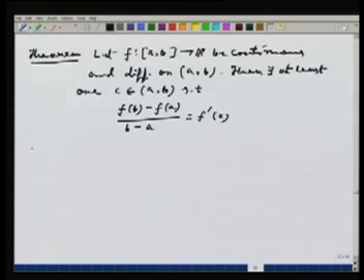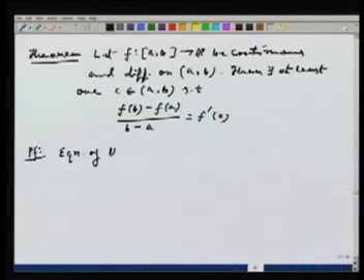How do you go about proving it? If you notice the previous thing carefully, we are actually dealing with 2 functions. One function is certainly the given function f(x). Another function is the line joining (a, f(a)) and (b, f(b)). So, I will again write down the equation.